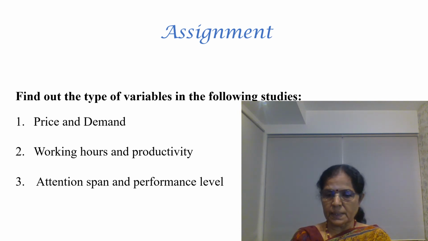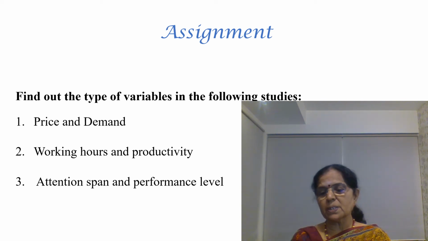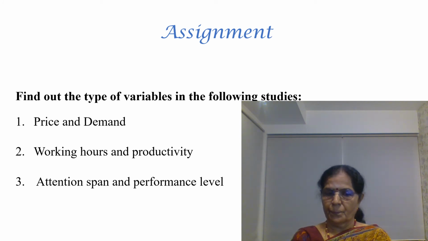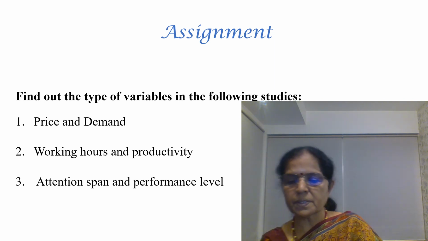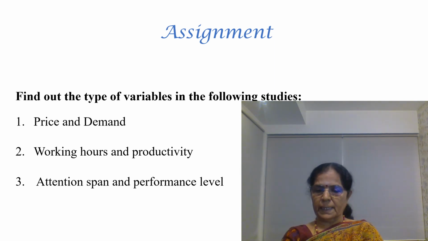And the third research is on the attention span of the students and the performance level of the student. The study is to find out the relationship between the attention span of the students and their performance level. Now tell me the possible variables that could be used in this study.